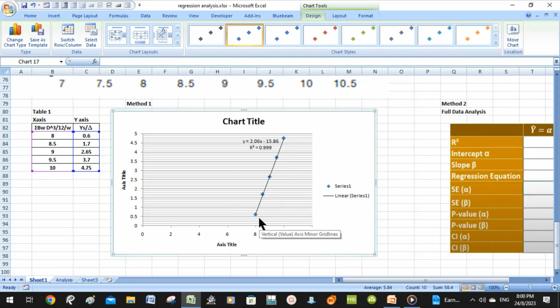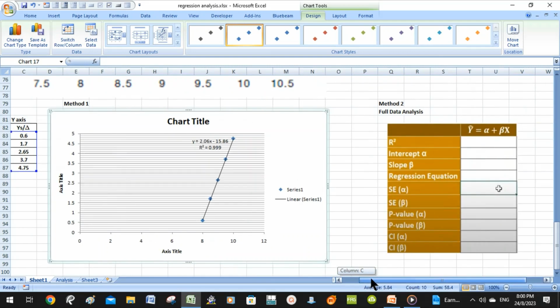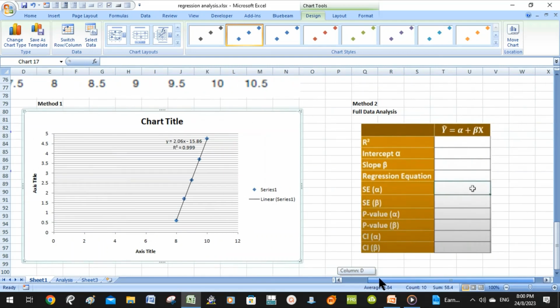And what's even better is R-squared, the coefficient of determination, was 0.999, and that is literally flawless. It means that there's a very strong correlation between the points, and this equation is amazing. An R-squared of 0.99 means that we have a really good strong correlation between the coordinates that we have chosen.